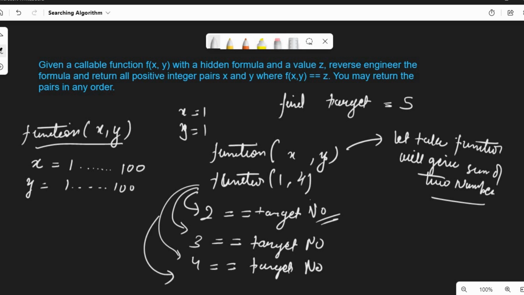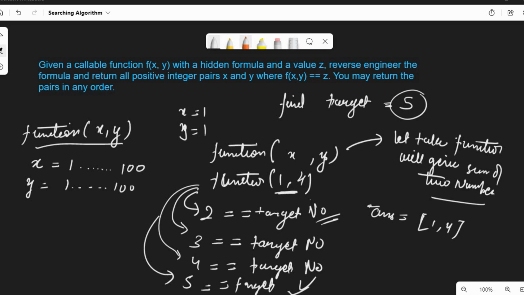This will give now 5. Is this equal to target? Yes, because target is 5. It means we got the first pair. Let's store it in the answer.